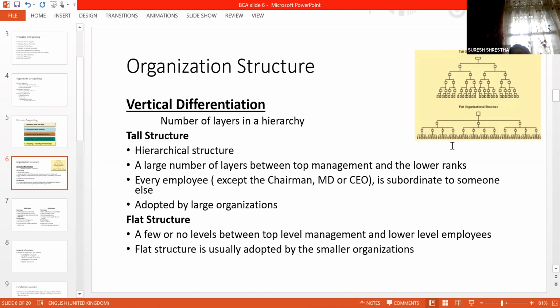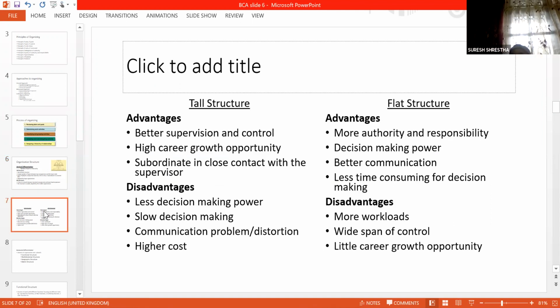तर तलकोमा हेर्दाखेरि one person has to supervise 1 2 3 4, चार जनालाई सुपरभाइज गर्न पर्छ भने control is not good in the lower one, whereas the control is very good in the top one. Tall structure ma control is better, supervision is better, whereas supervision and control is not that good in flat structure.